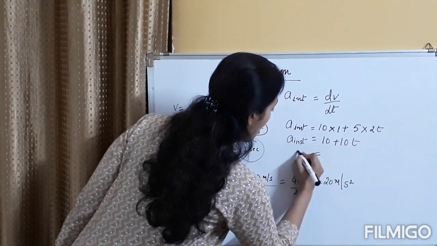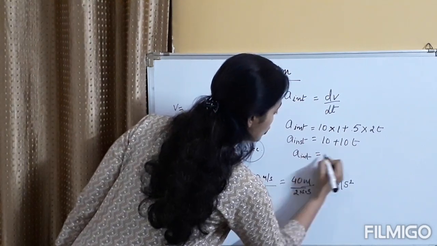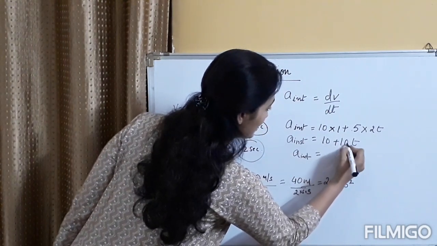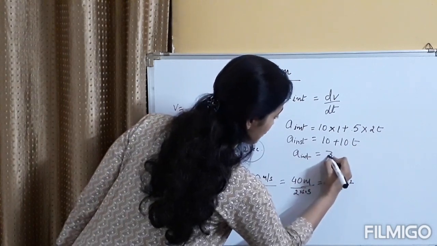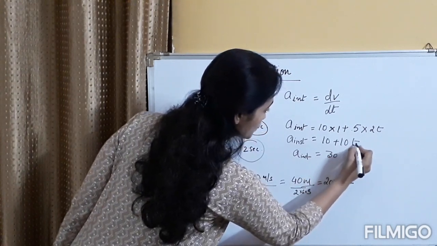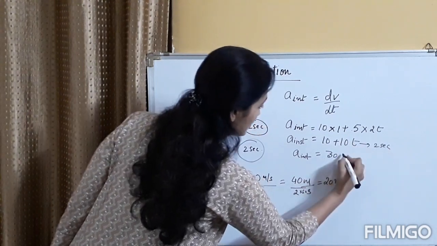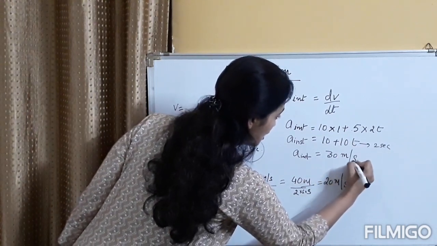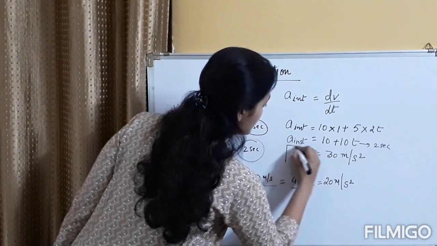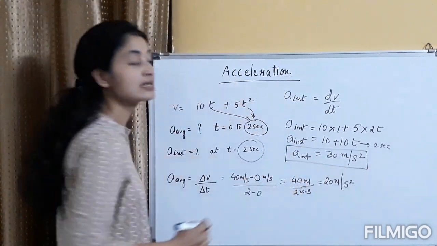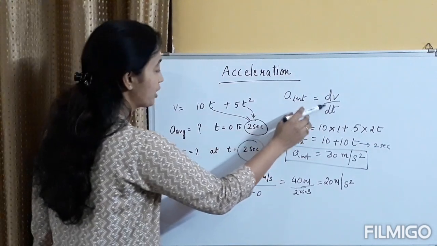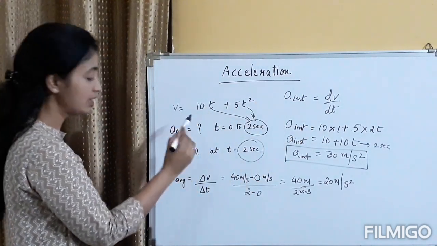Putting t equal to 2 seconds, I get 10 plus 20, which is 30 meters per second square.